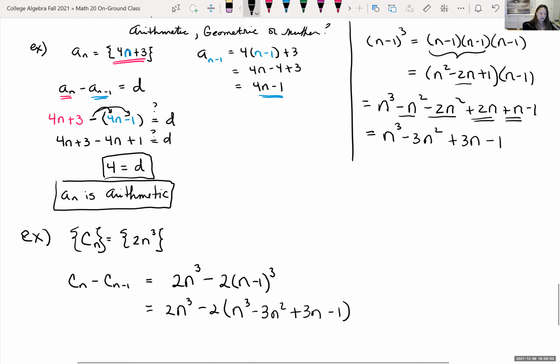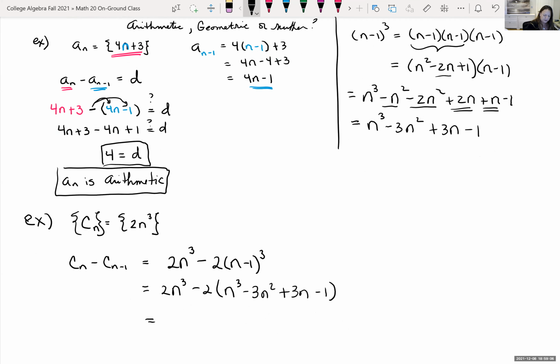So when we distribute that -2 to each term in the parentheses, bringing down the 2n cubed, we have minus 2n cubed plus 6n squared minus 6n plus 2. Notice the 2n cubes cancel, but we're left with 6n squared minus 6n plus 2.